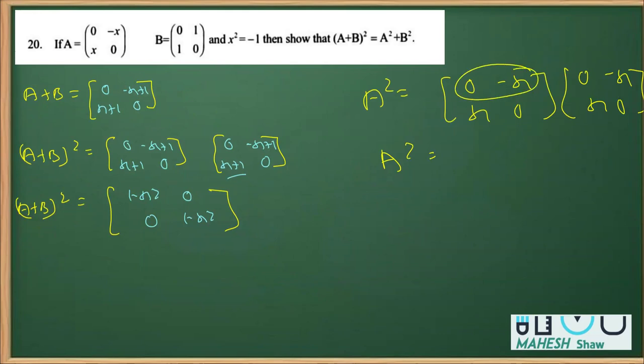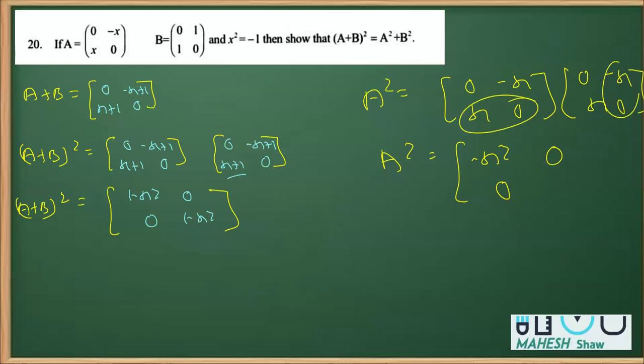First row multiplied by the first column is 0, and minus x into x is minus x square. Then first row multiplied by the second column is 0. Second row multiplied by the first column is 0 and 0 again.